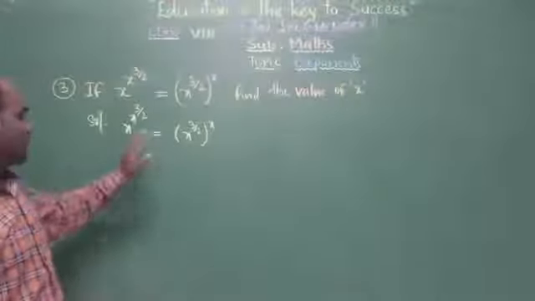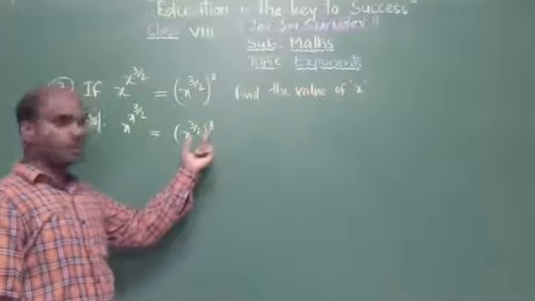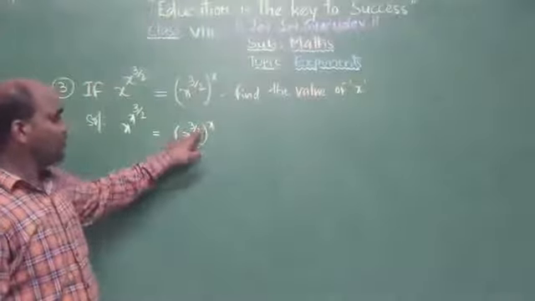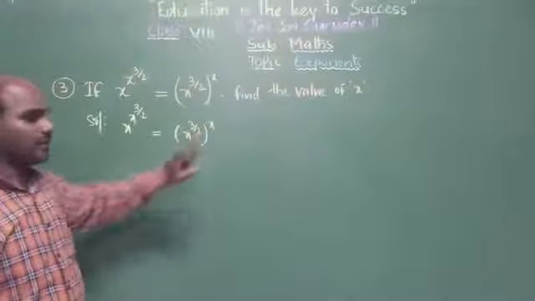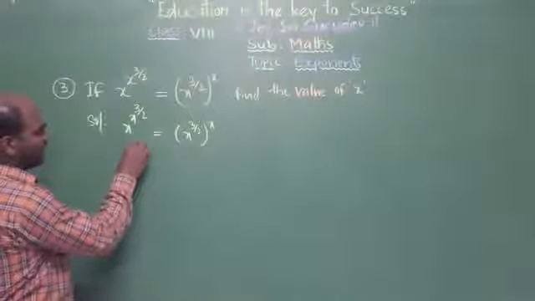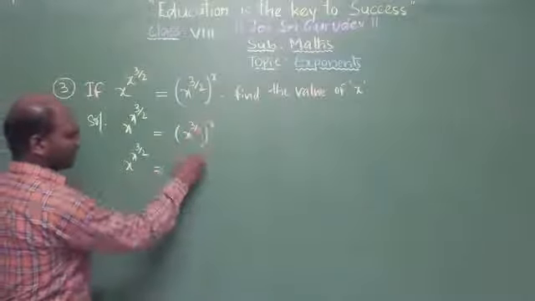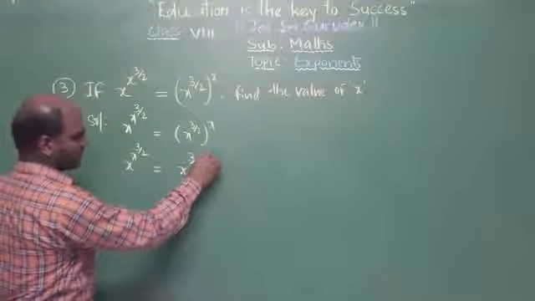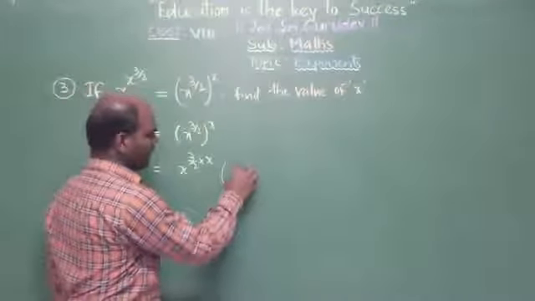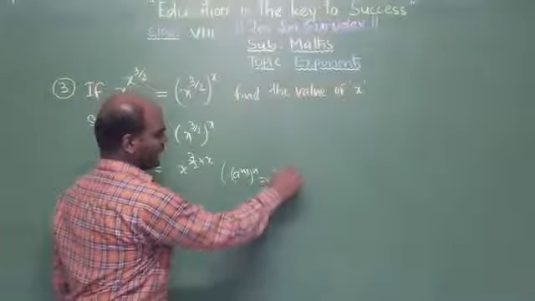Yes, so first you have to simplify this one based on which property, children? That is a power m whole power n. Based on that, x power x power 3 by 2 is equal to x power 3 by 2 into x, that is a power m whole power n equals a power m n.